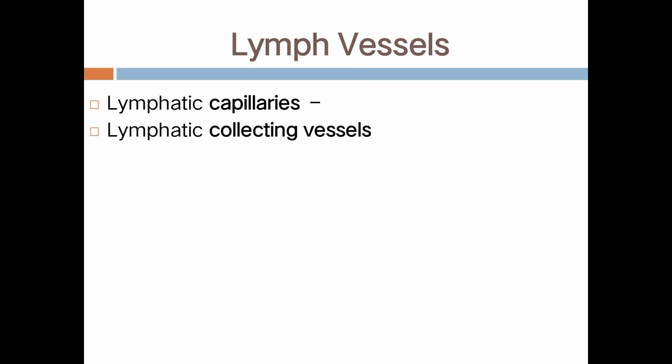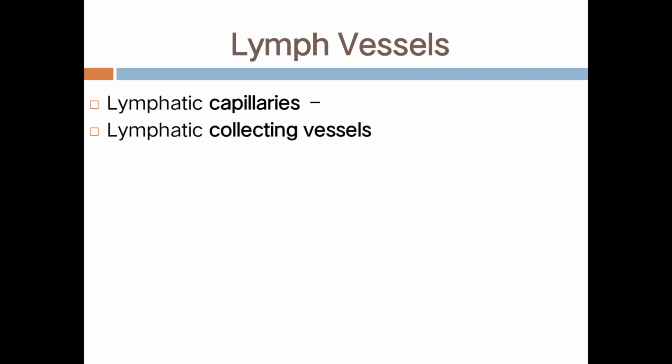Lymphatic collecting vessels collect the filtered lymph at the nodes as it continues to move toward larger vessels called collecting ducts. These vessels operate very much like your veins do. They work under very low pressure and have a series of valves to keep the fluid moving in one direction.